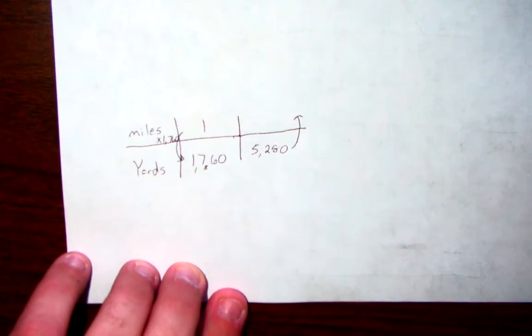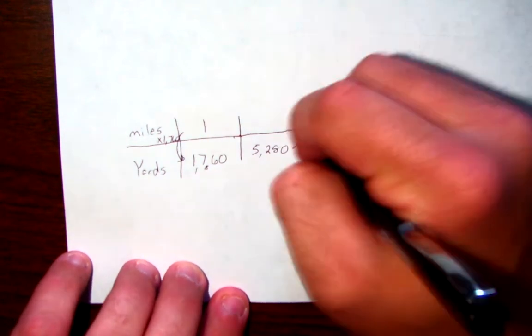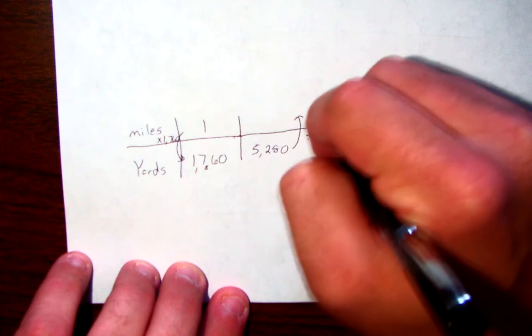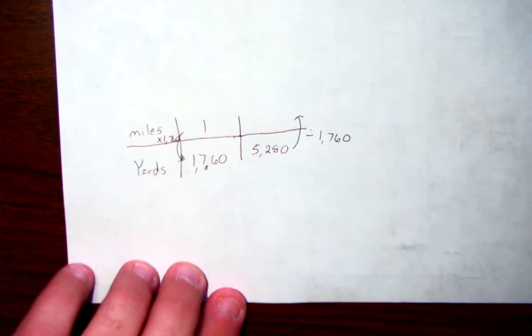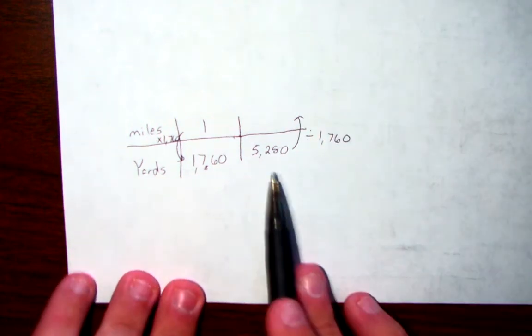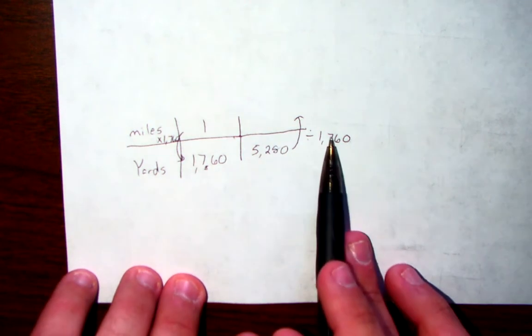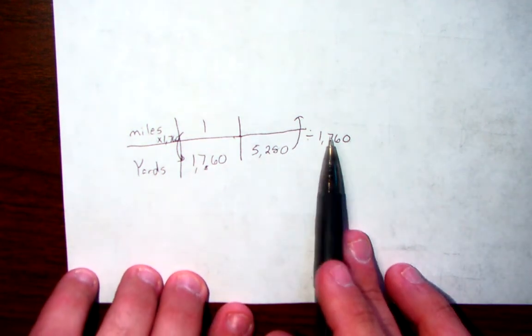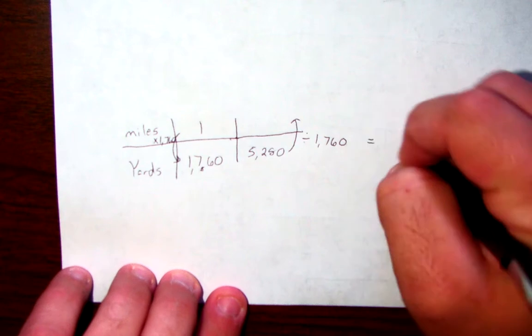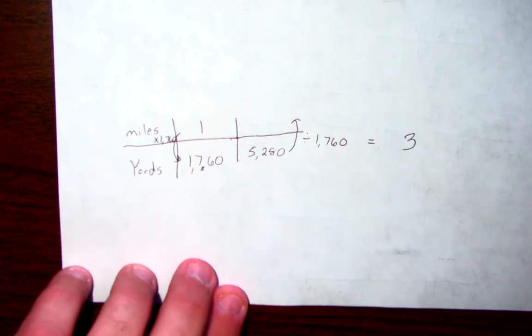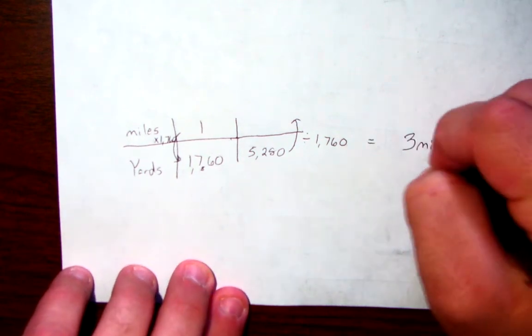Well, here, look at my arrow. I'm going the opposite direction, so I have to divide. Since we're running short on time, I'm just going to do this really fast. If you take 5,280 and divide it by 1,760, it's going to give you a whole number of 3. So the answer is 3 miles.